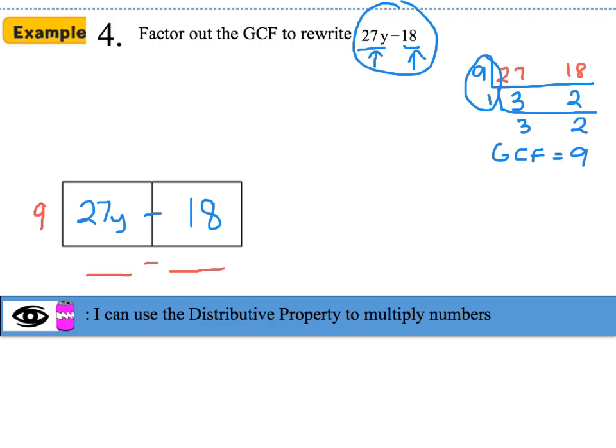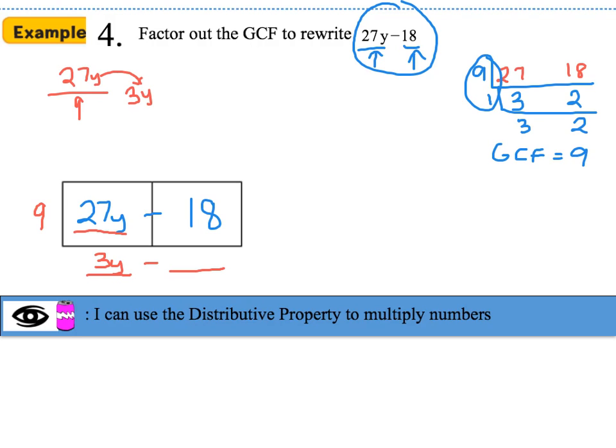In order to do that, let's take a look at the area. The inside of the first rectangle is worth 27y. So we can take 27y and divide that by the greatest common factor, which is 9. And we know that 27 divided by 9 is 3. But we still have a y left over, so let's draw that y right next to it. So the length of this box is 3y.